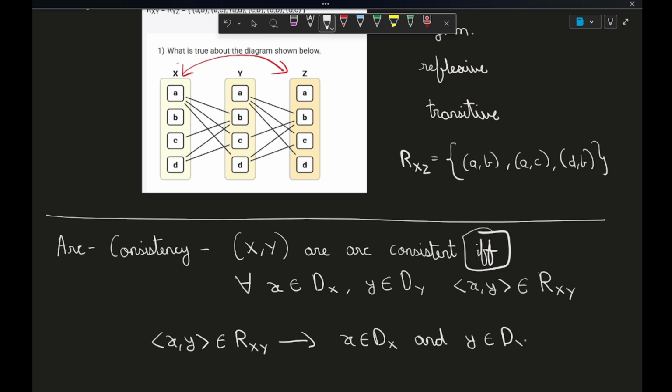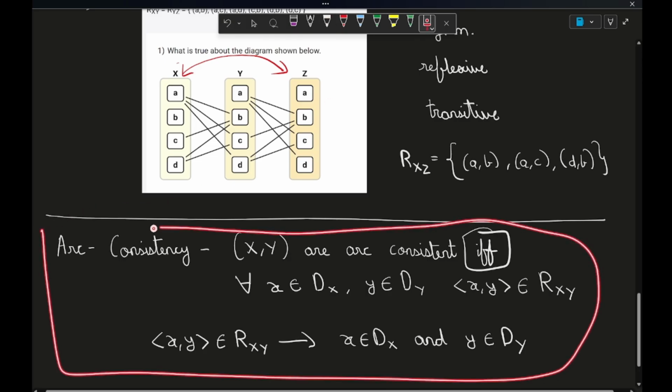Am I correct? Because "if and only if" means there should be the implication as well as the reverse implication. The converse should also be true. Does this make sense to everyone? Just yes or no?